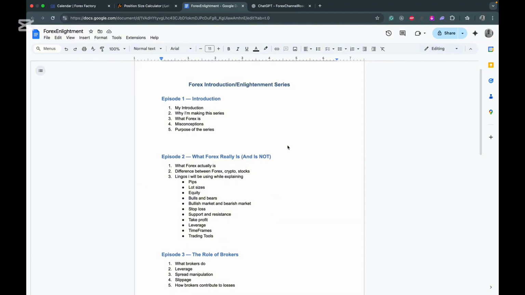That should also tell you which lot sizes you are supposed to use and which you are not supposed to use. This is one of the foundations of trading that every trader has to know, because it will help you determine how your risk management is going to play out, that is how much you should be willing to risk per trade and whatever have you. So that's a brief explanation of what leverage is.